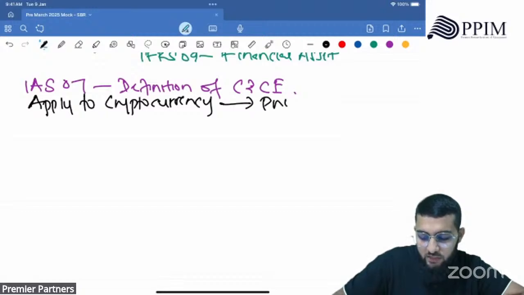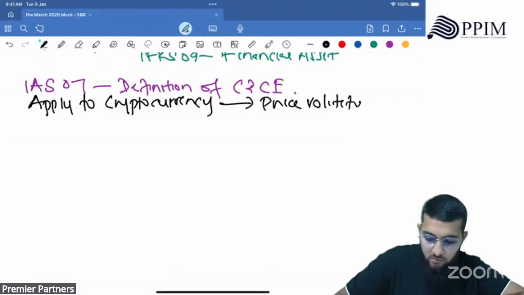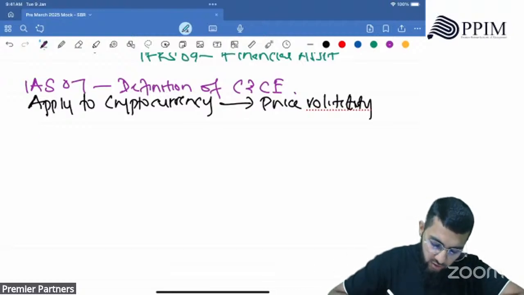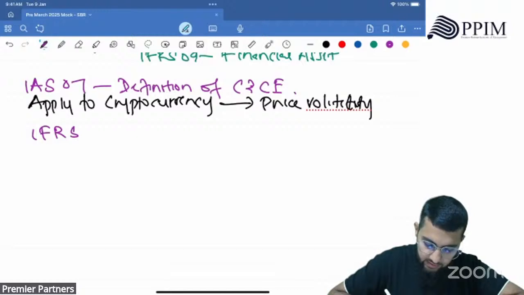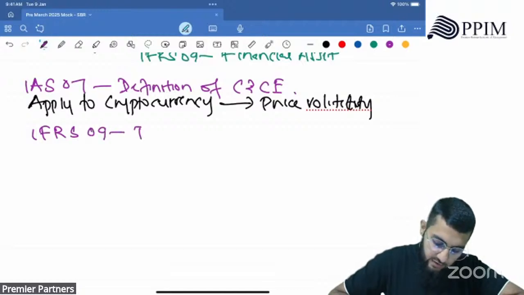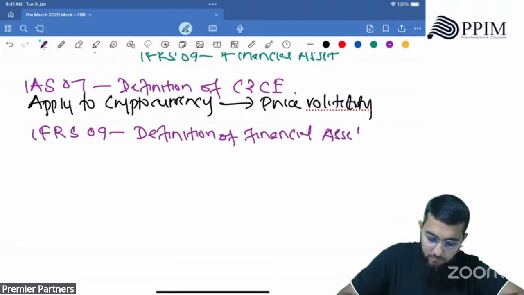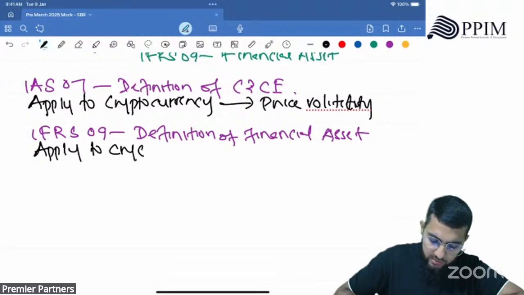Price volatility is the main reason why it does not qualify. Then you have to bring the knowledge of the IFRS 9 definition of financial asset. Apply it to cryptocurrency.